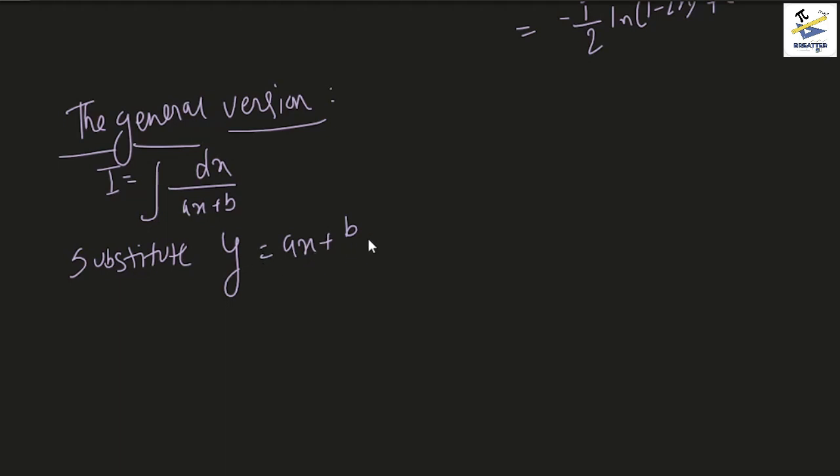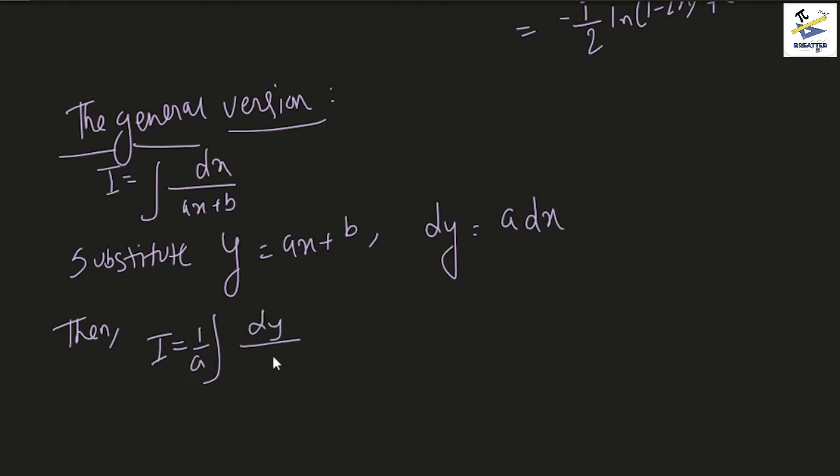Now when we substitute y equals ax plus b, we have dy equals a into dx, right? Then I should be equal to the integral of dx, which is dy by a, so put 1 by a outside, dy by y. So this gives you 1 by a ln of y plus c, and if you put back the value, it gives you 1 by a ln of ax plus b plus c, which is the answer.